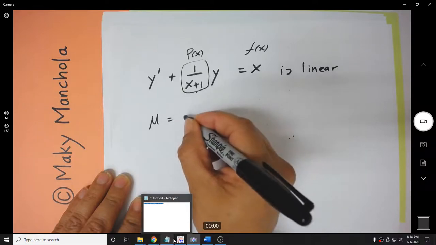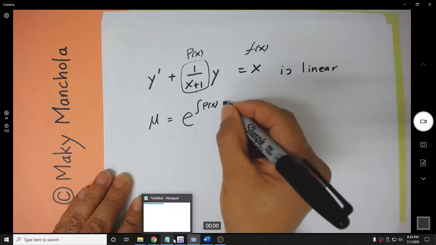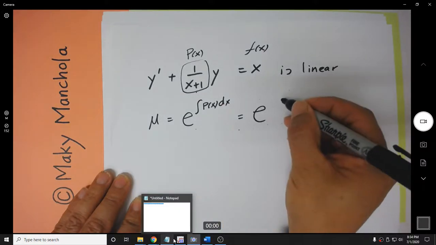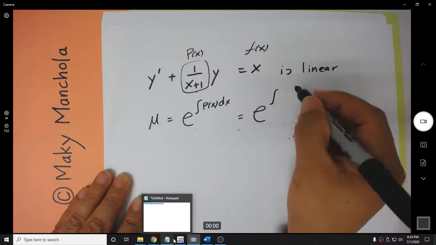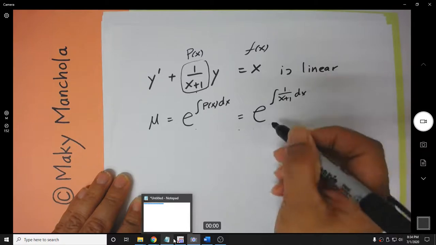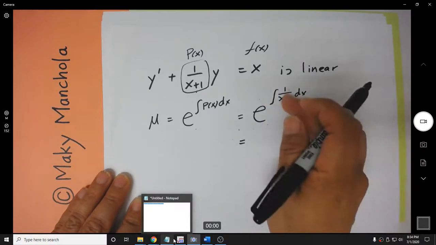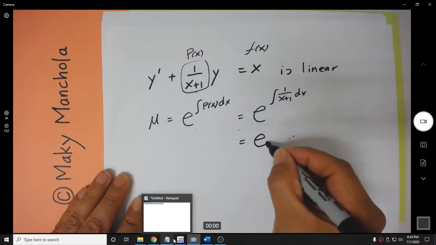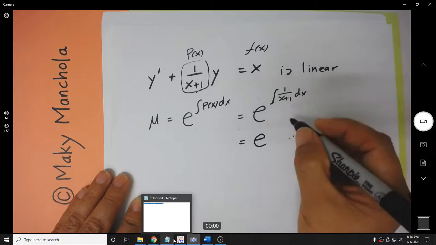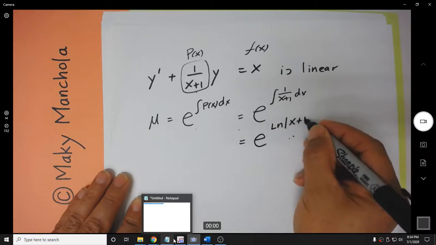Mu equals e to the integral of p(x) dx, which in this case is e to the integral of 1/(x+1) dx. That integration is simple. What is the integral of 1/(x+1) dx? It is simply the natural logarithm of the absolute value of x+1.